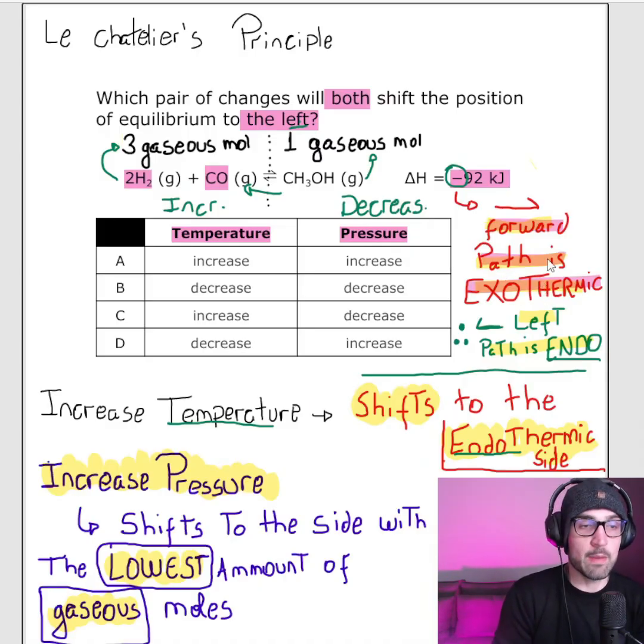If the forward path is exo, the left path is endo. So we need to increase the temperature to shift to the endothermic side, and we need to decrease the pressure to shift to the side with the highest amount of gaseous moles. So increase the temperature, decrease the pressure, alternative C.